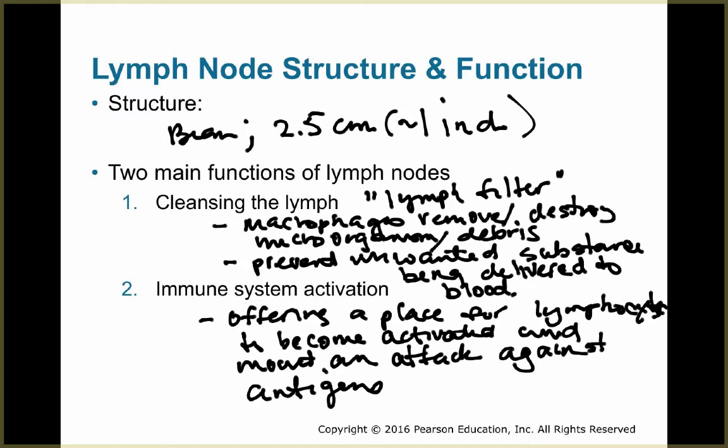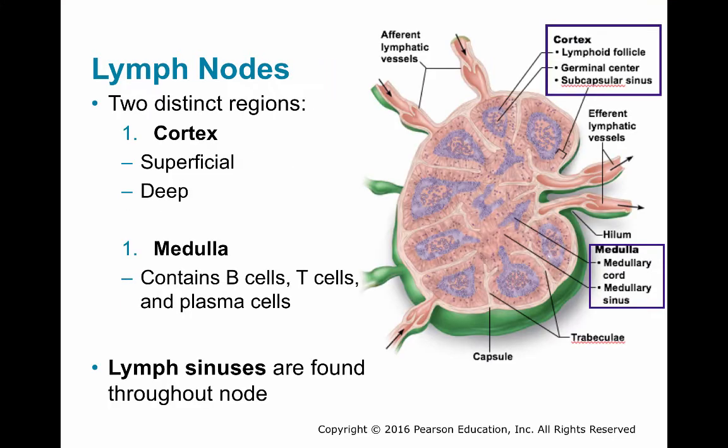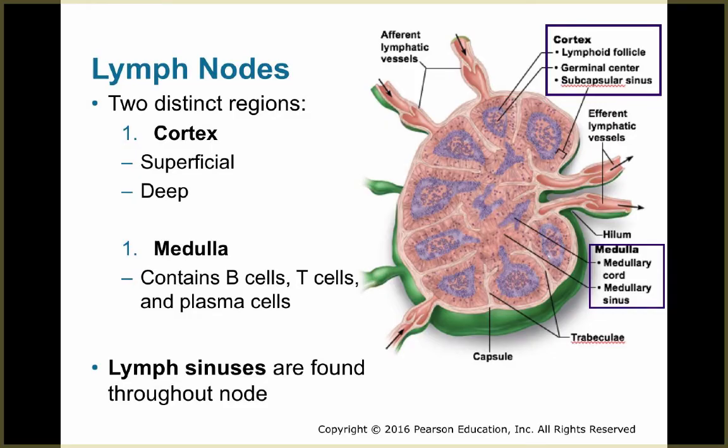So now let's look at the structures of a lymph node. You can see it has two very distinct regions. Let's start first with the superficial area. First, we have the cortex here. In that region, you have both a superficial and a deep region.